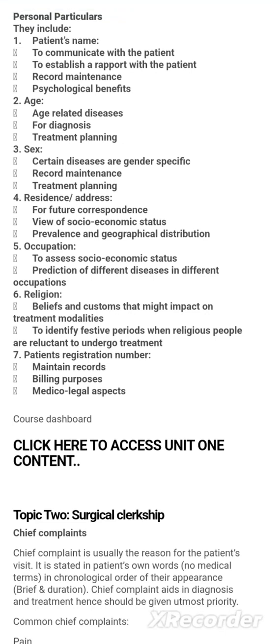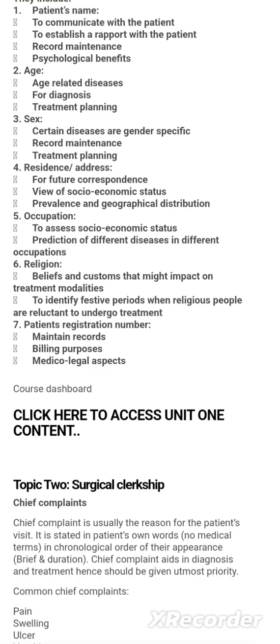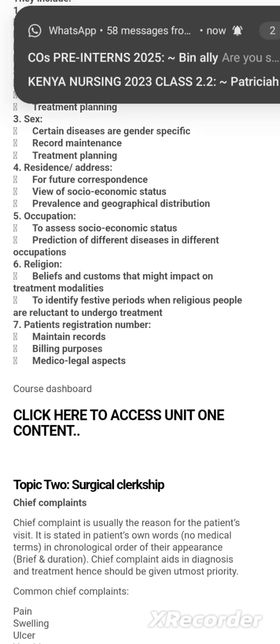Religion. Various religions come with different doctrines, beliefs and customs that might impact on the treatment modality. To make sure that our treatment is well embedded, belief and custom must be taken into consideration. So beliefs and customs that might impact on treatment modality, we have to know based on their religion.